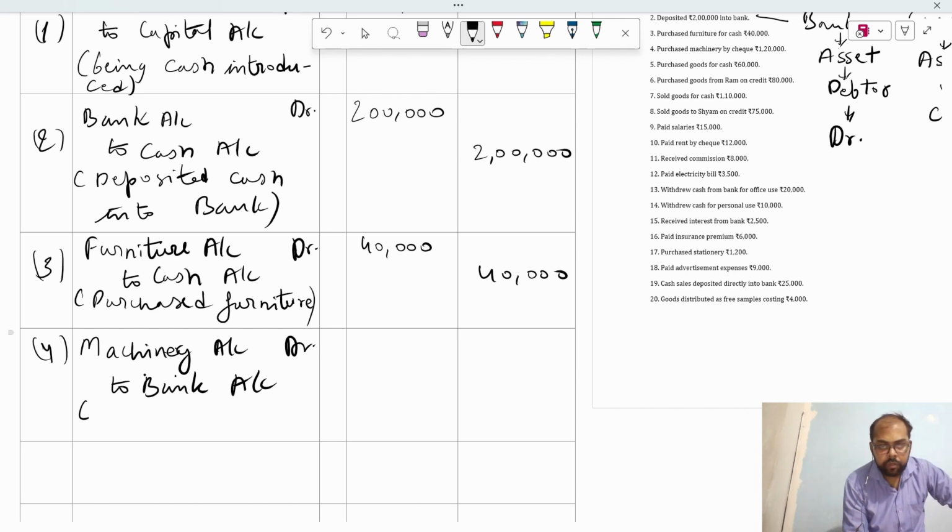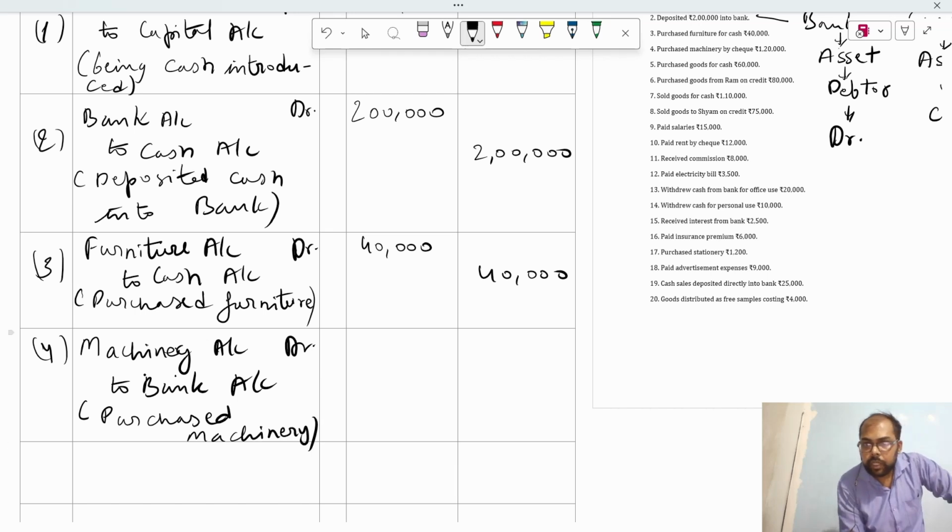We have also seen that the bank account is an asset account, and when an asset decreases, it is credited. So purchased machinery should be the narration. The amount here is 1,20,000.